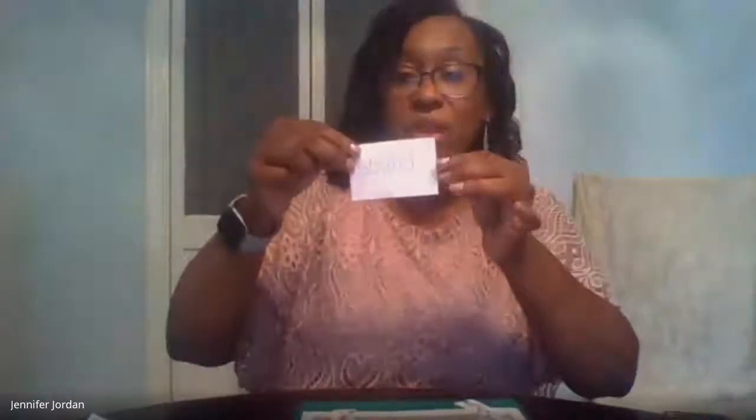Once you pick out 24, you're going to write them on the back of these cards. What I did instead was use printout words just because I wanted you to see them.